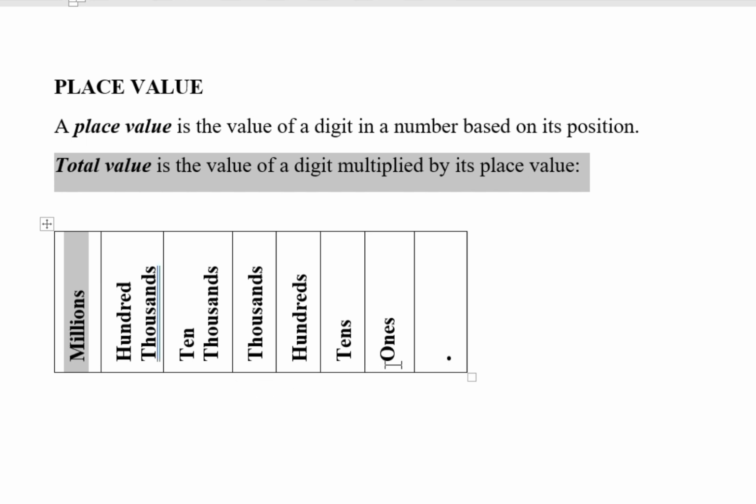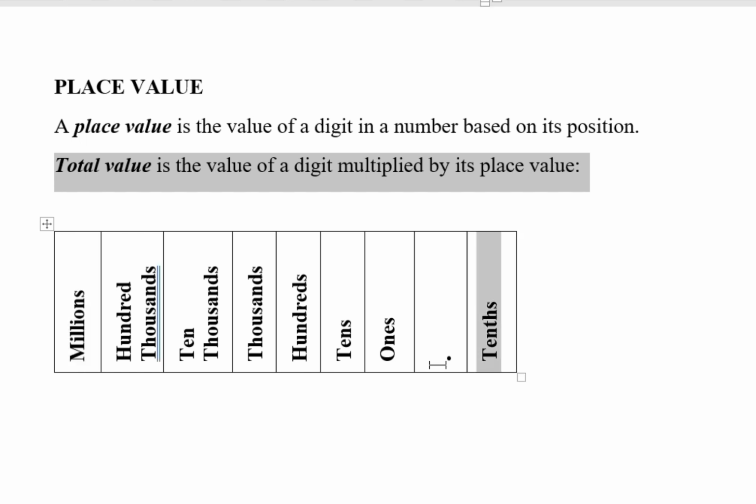Now, if you consider the numbers which are to the right hand side of a decimal point, you realize that the number which is to the immediate right of a decimal point takes a place value of tenths.